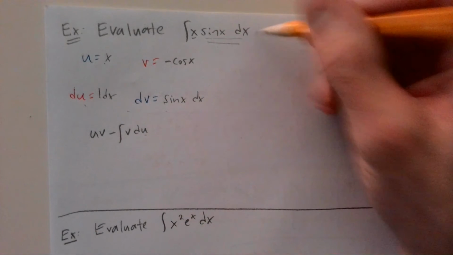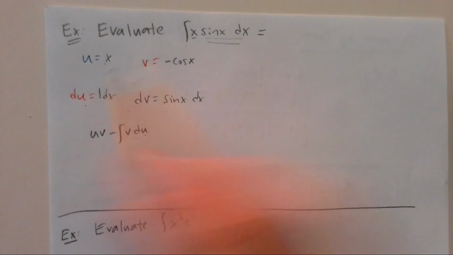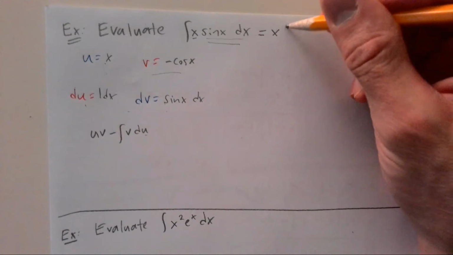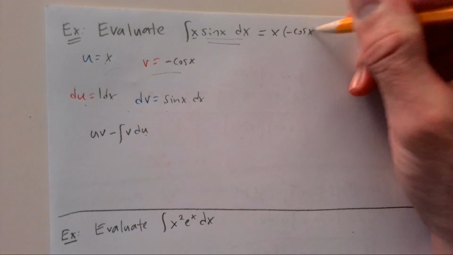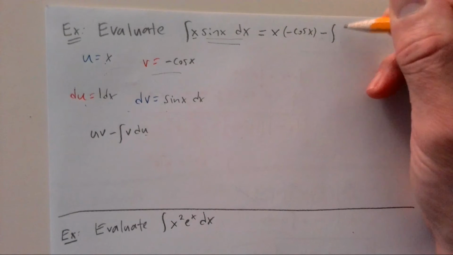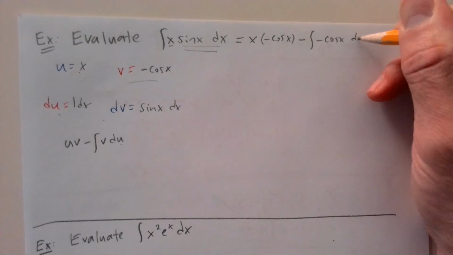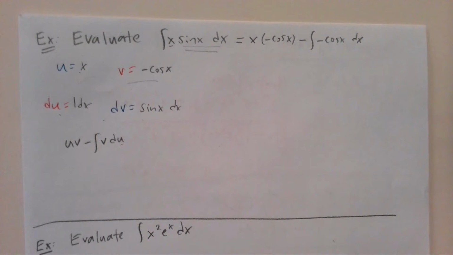We chose u to be x, so this will be uv minus the integral of v du. Okay, not too bad.